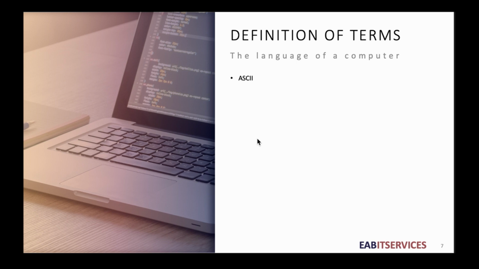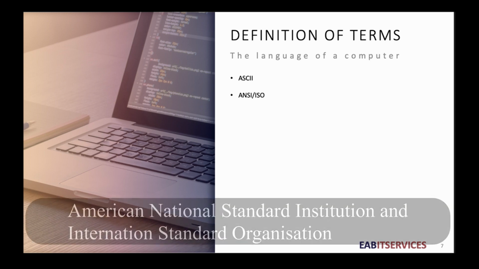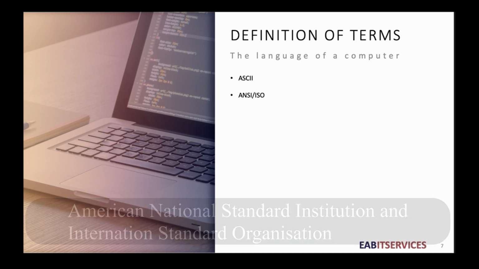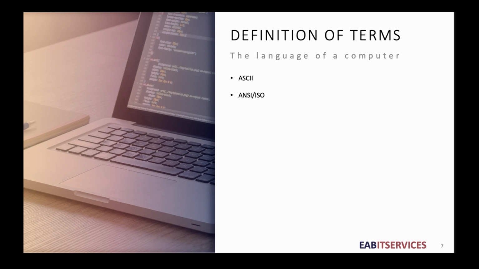Another thing we will come across is ANSI or ISO, that is American National Standards Institute and International Organization for Standardization, which were established to standardize the syntax of C++. Syntax is actually the rules that govern C++ programming. So you may have different standards.